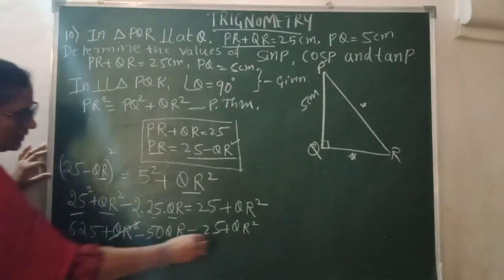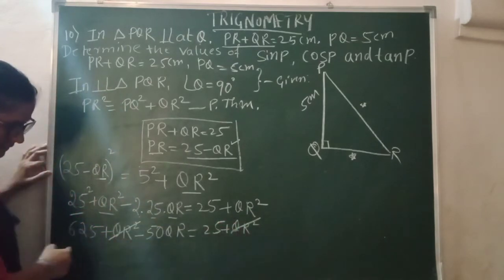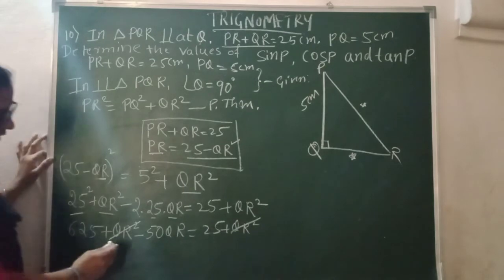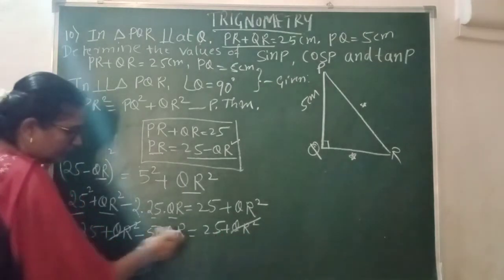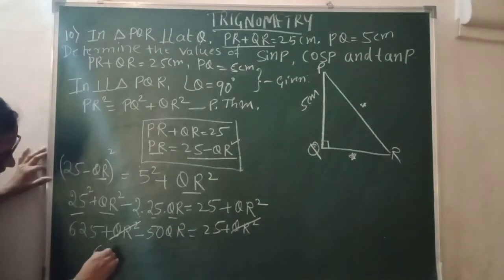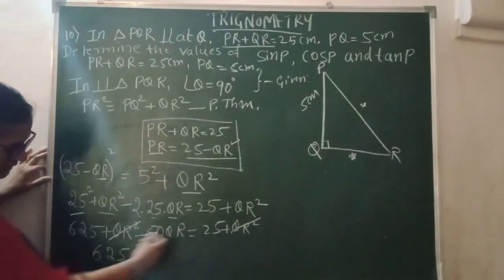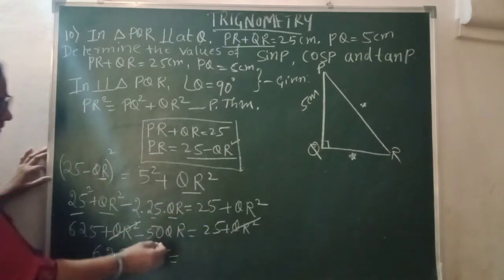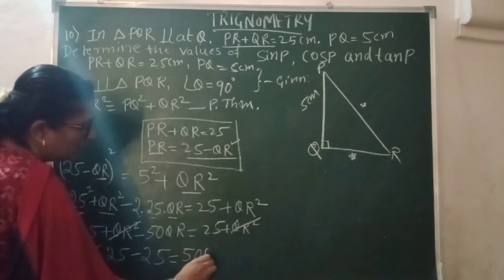This QR square and this QR square get cancelled because they are on opposite sides. Otherwise, if you take this QR square to this side, it becomes minus QR square and cancels. So you remain with 625. I'll bring this 25 this side: 625 minus 25 is equal to 50 QR.